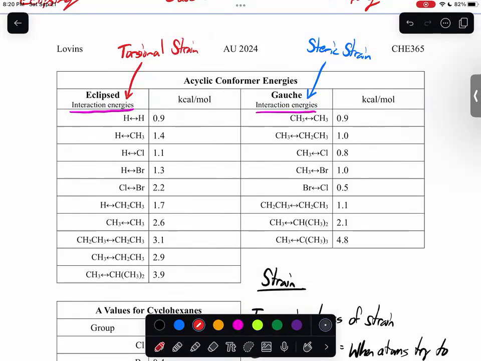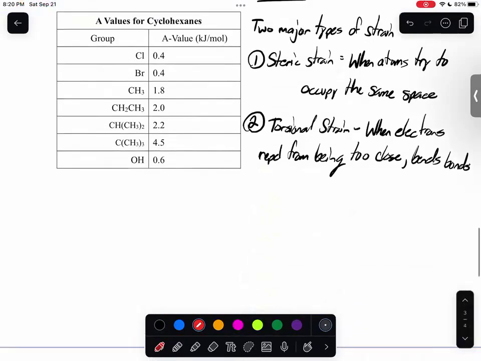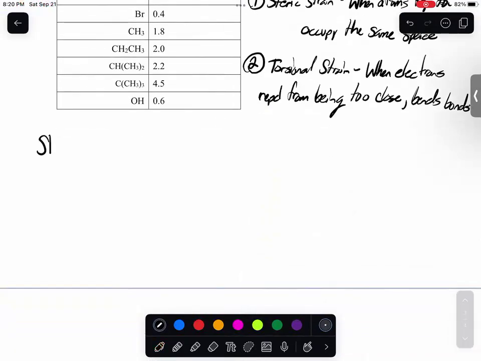All right. So we're going to look at both of these strains. That way we have an idea of what they look like. And then we're going to come back to this and use some of these values to inform our conformations. Okay. So first, let's look at sterics, right? You're going to hear the word steric, strain, or sterics a lot here in OChem.